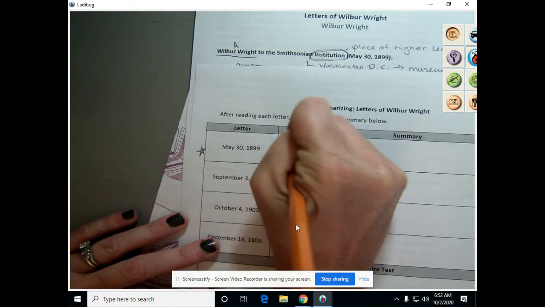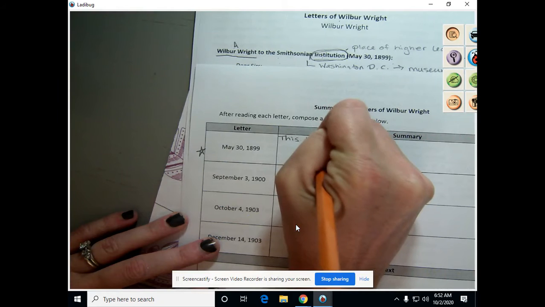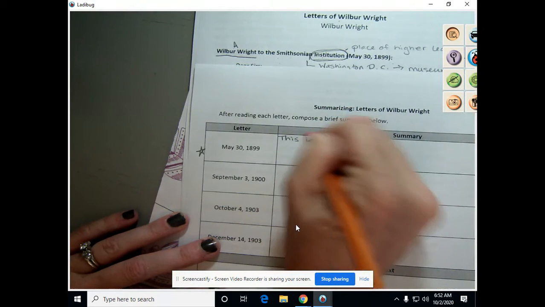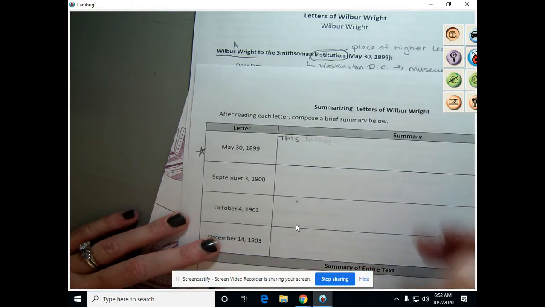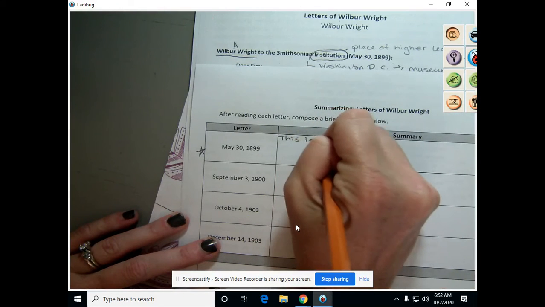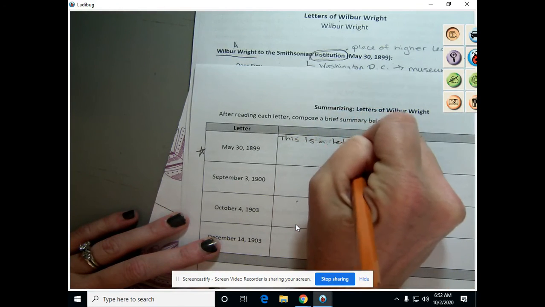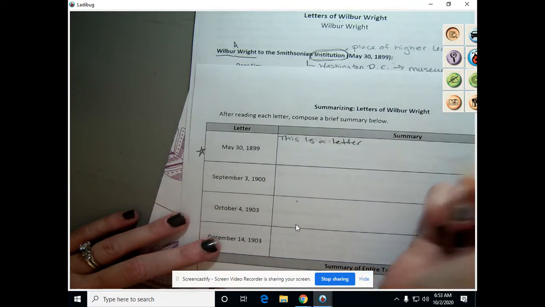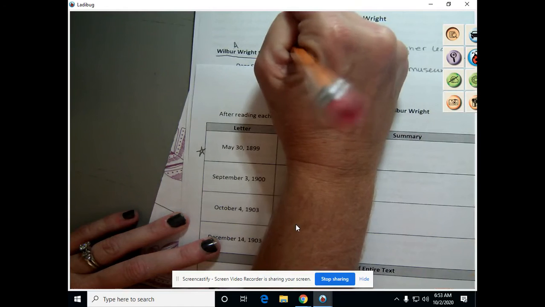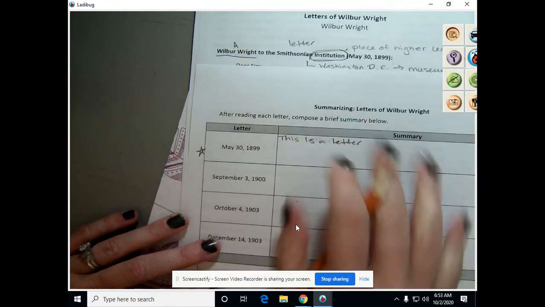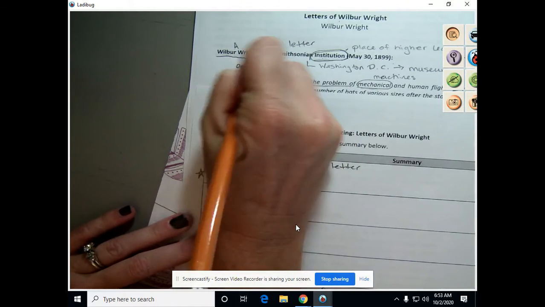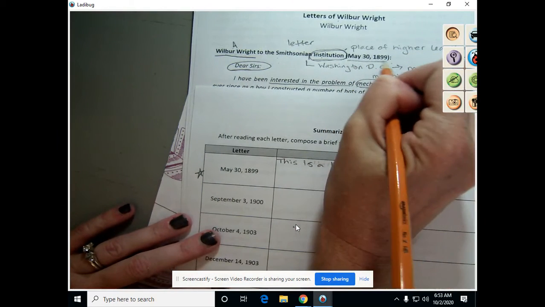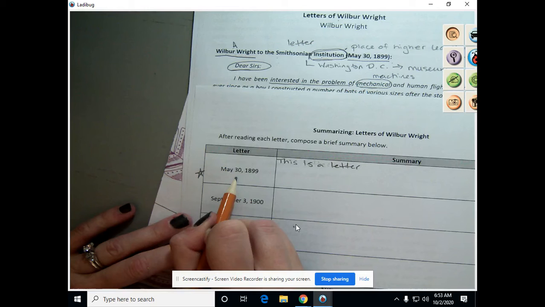So let's summarize this and say who he's talking about and what's going on. So this is a letter. I'm making sure I'm including the author and what type of text this is. The text type is a letter, and I know this because it says, Dear Sirs, and it was written on May 30th, 1899, which we have right here.